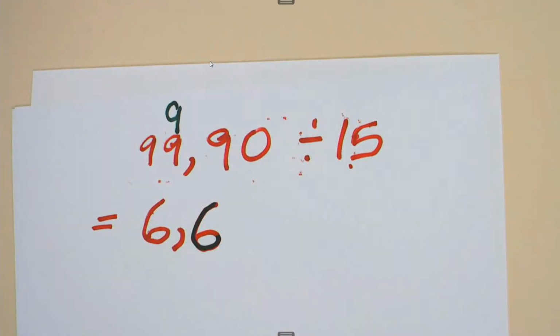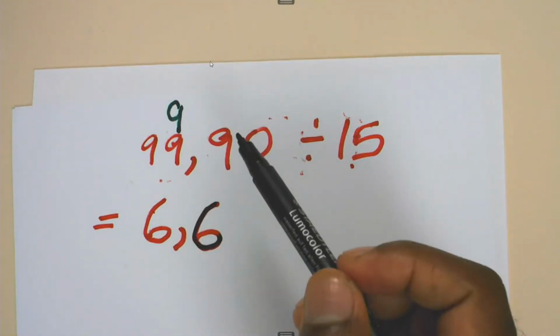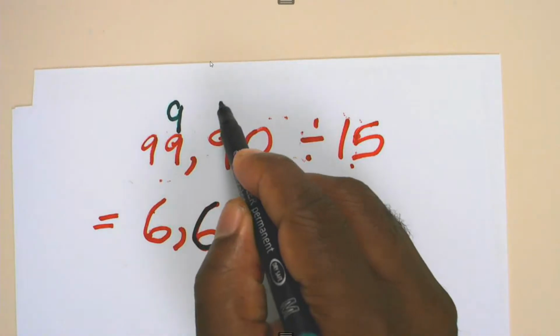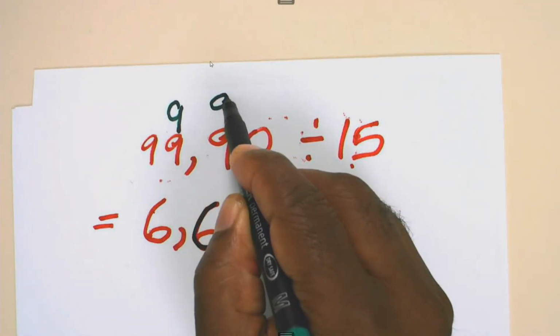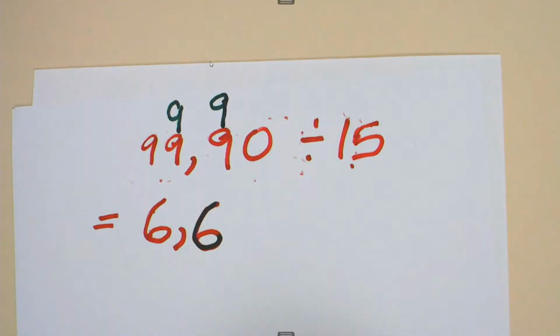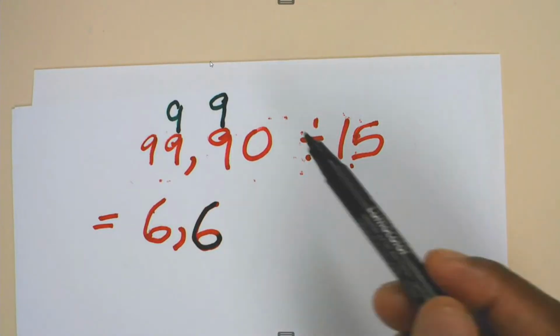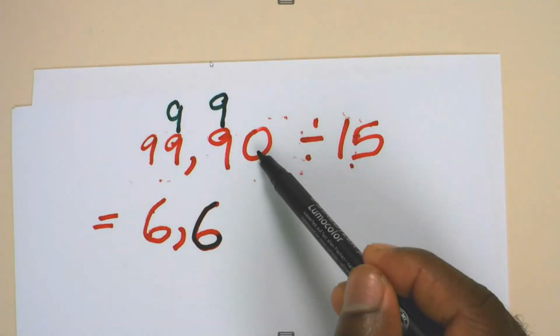And then that makes how much? 90, which means we'll be left with again 9 tenths this time around. Then we have 0 here, which is for hundredths.